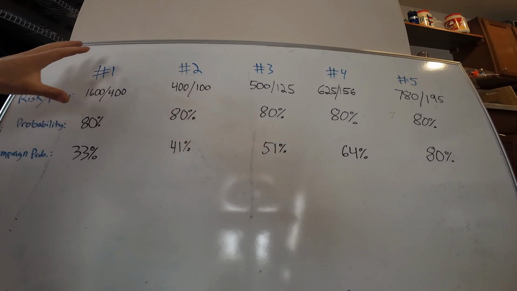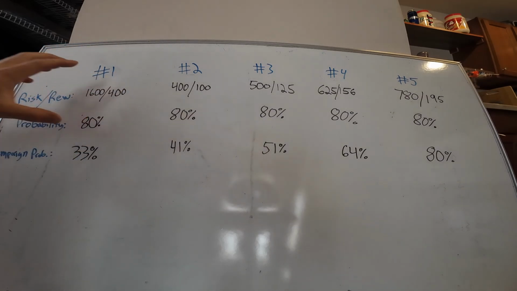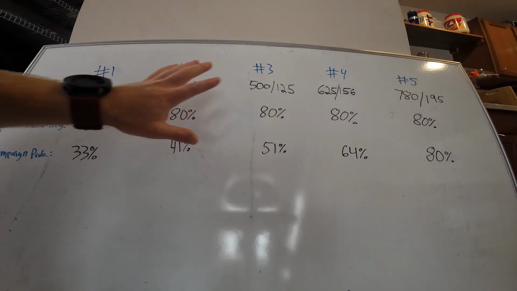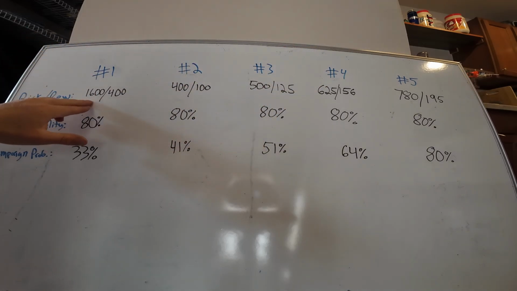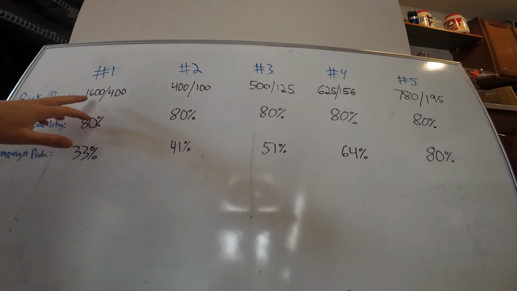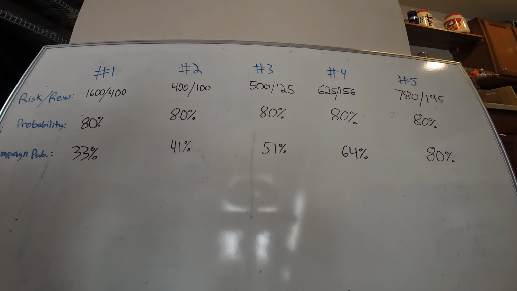This is the most risky of everything, but this is the cornerstone. This is the foundation of this strategy, okay? Now, if I risk $1,600 to make $400, this is risk, reward, and so on. My target is very close. My target's a 0.25 R. This is inherently a probability of 80%.